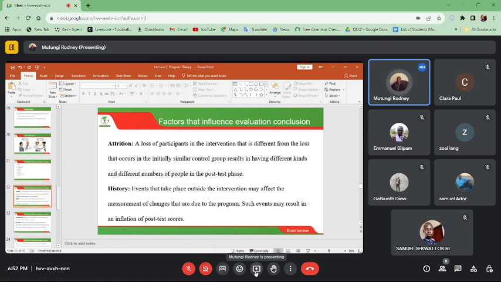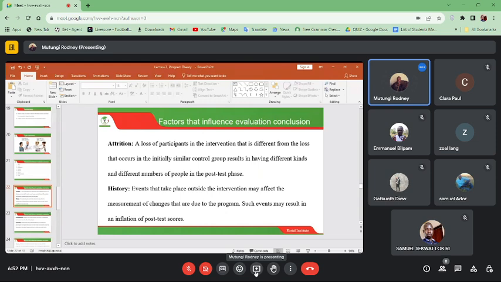So in attrition, we look at the fact that if you're having town X that was composed of 200 members, then town Y was composed of also maybe 200 members, you gave town X your intervention, or you gave them those food nutrients to prevent stunting, but in town Y they were not given the same, or they were given something else that doesn't focus on stunting.